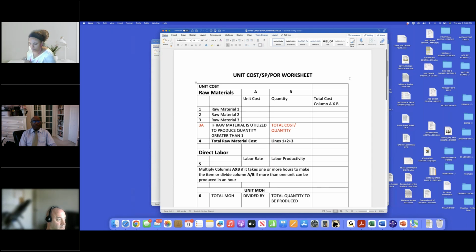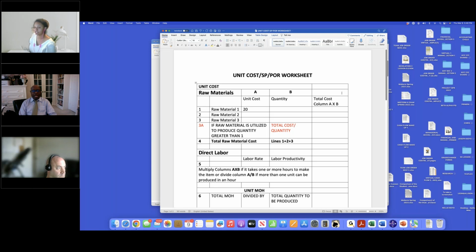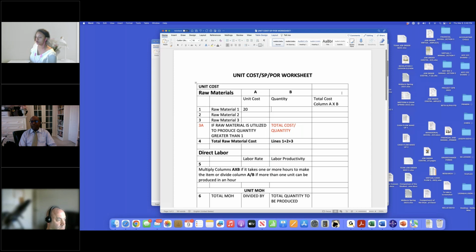20. And how many ink cartridges are we using? 2. So the unit cost for the ink is what? 40.